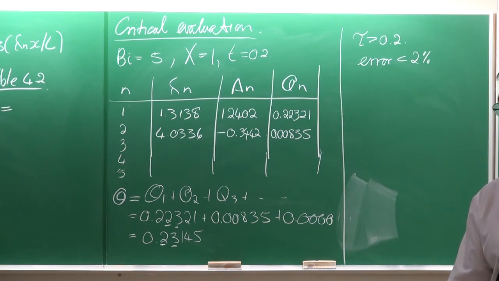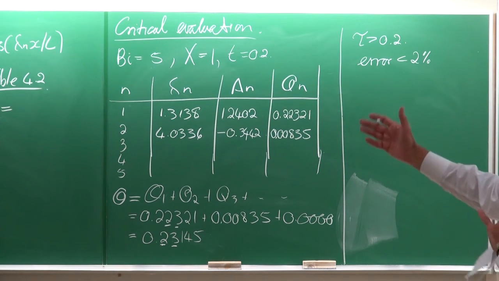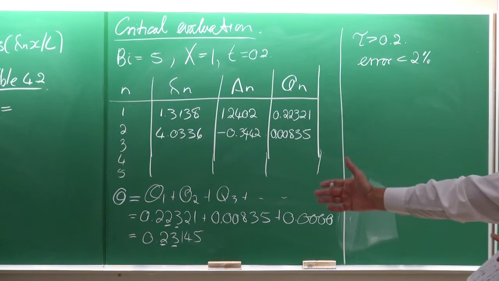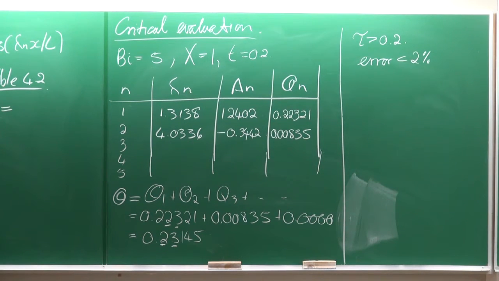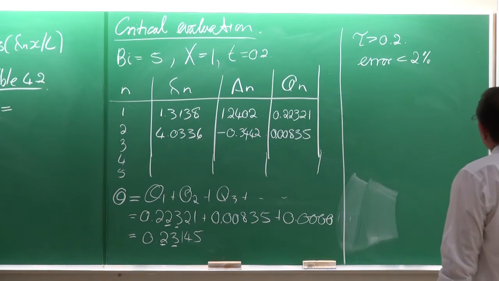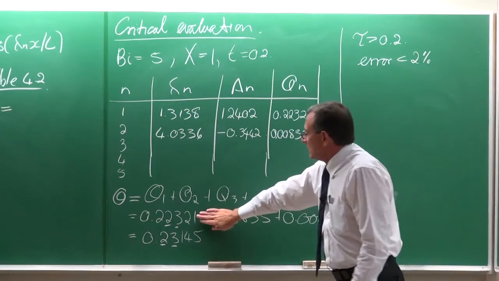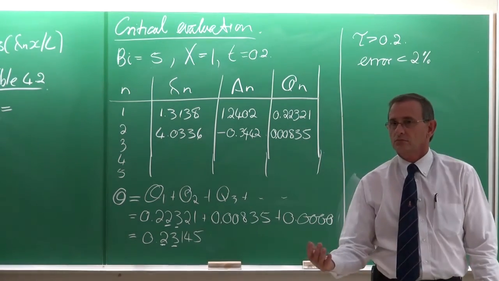It's not a rule, okay? It's not a law. But if we get an object, such as a long plane wall, a cylinder, or a sphere, and we want to do transient heat transfer calculations on it, and we check the tau, and it's larger than 0.2, then we know that we only have to do the first term.